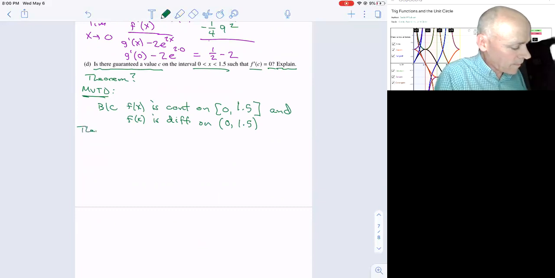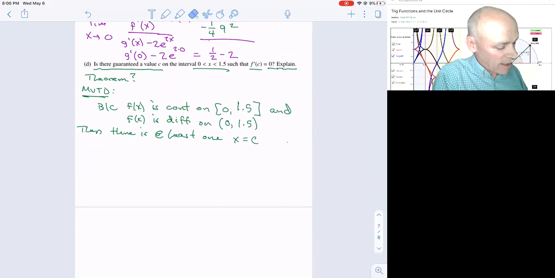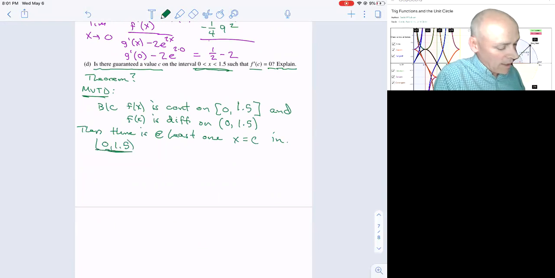Then there is at least one x equal to c, such that... I'm getting lazy in my old age. I should say at least one x equal to c in that interval 0 to 1.5. Sorry about that, I'd have lost a point there.